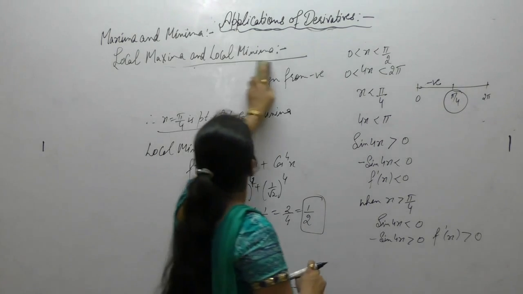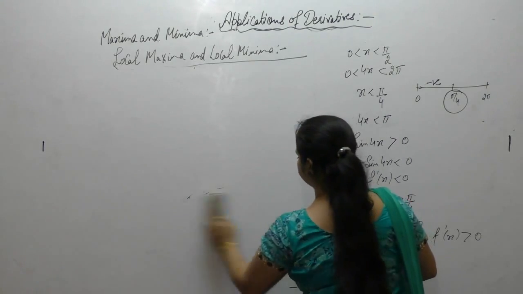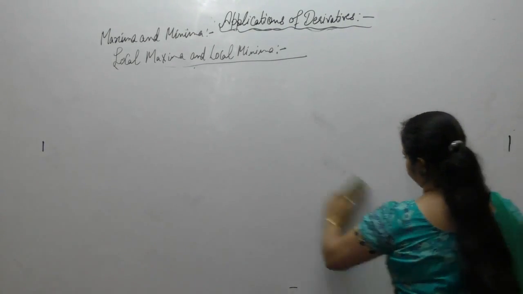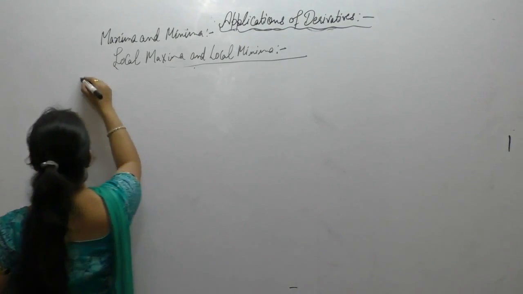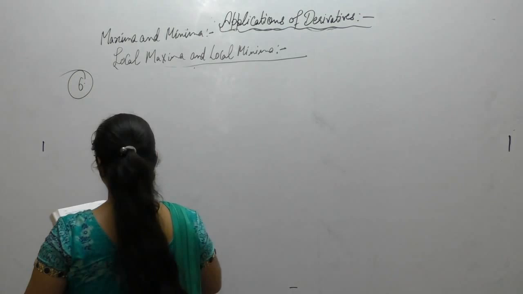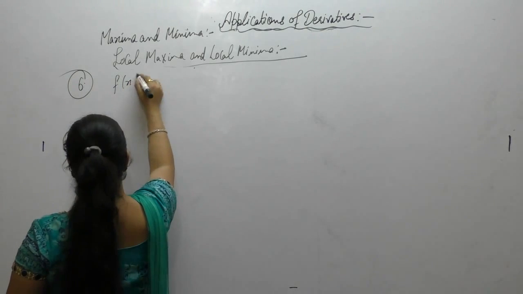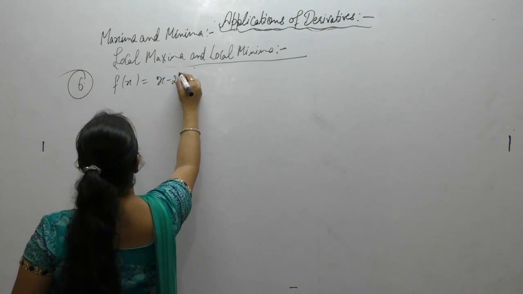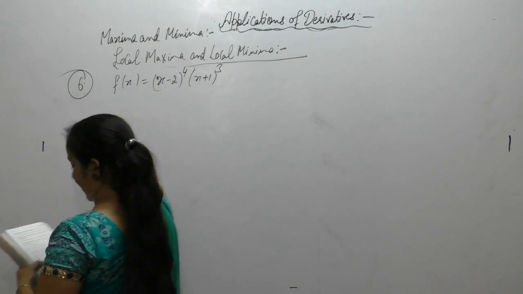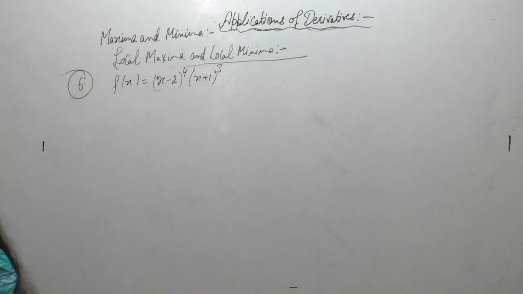Now the next one. Find the points at which the function (x minus 2)⁴ (x plus 1)³ has local maxima, local minima and point of inflection.